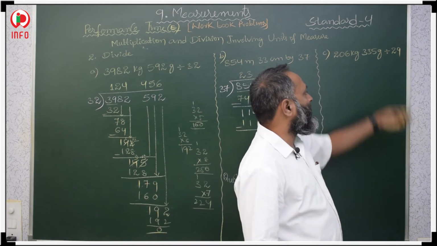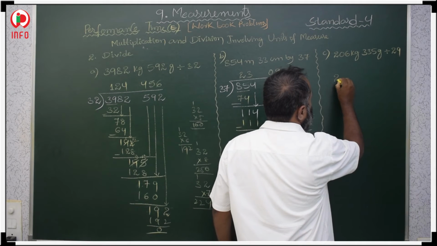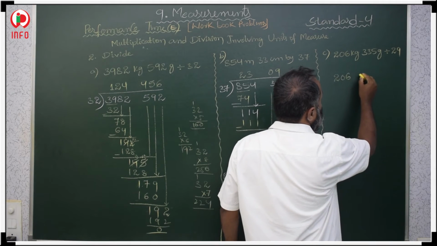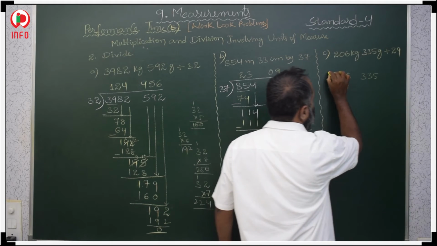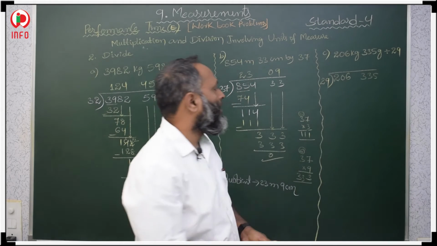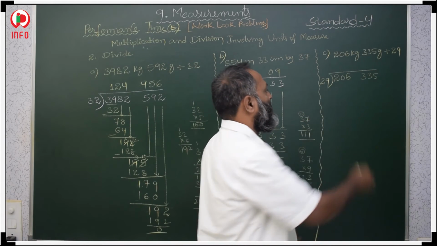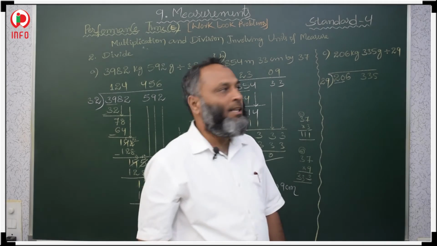Now, here kilograms and grams, 206 kg and 335 grams divided by 29. Then 29 here, so if you take 2 digits, 20 is less than 29.